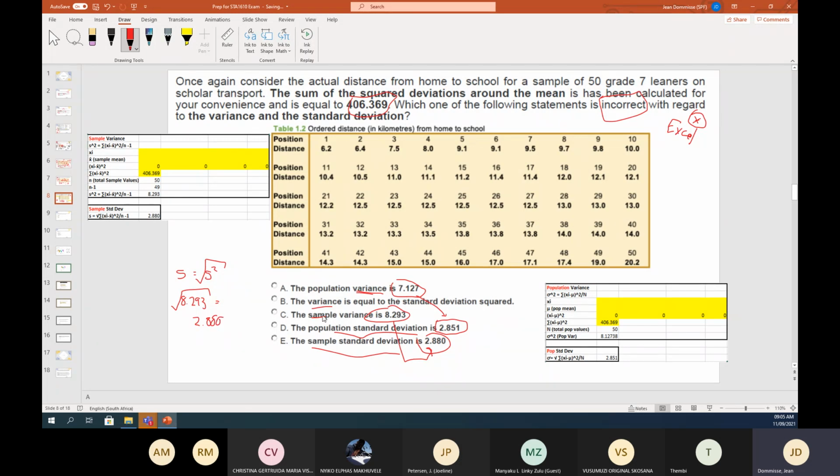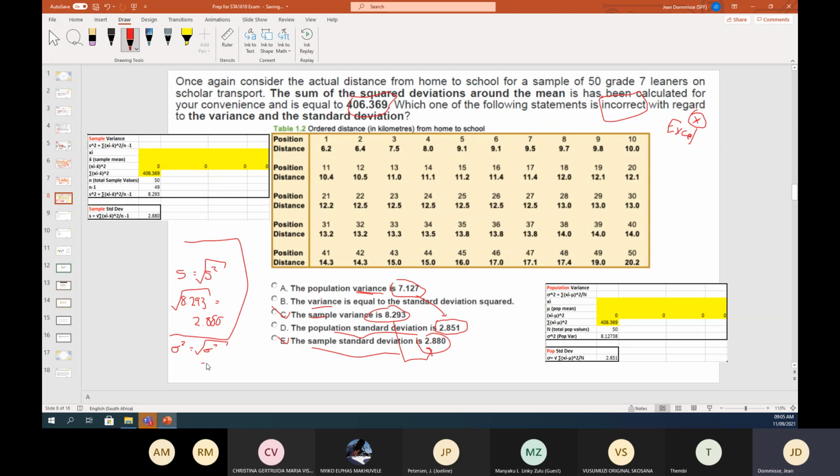Okay, so then I know, because that works out, that the sample standard deviation is correct. Then we do the same for the population. The standard deviation is the square root of the variance.